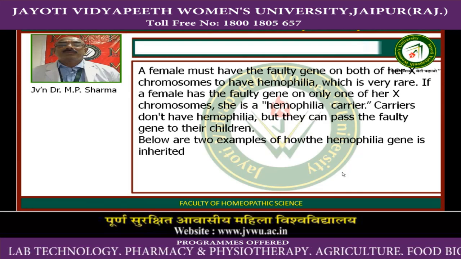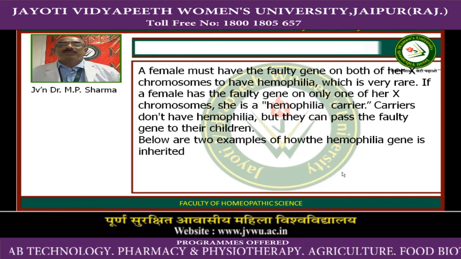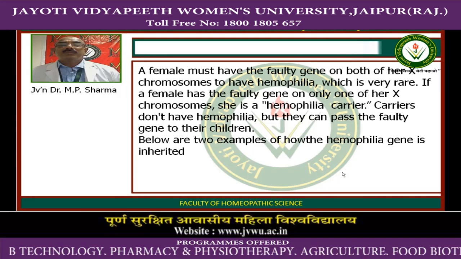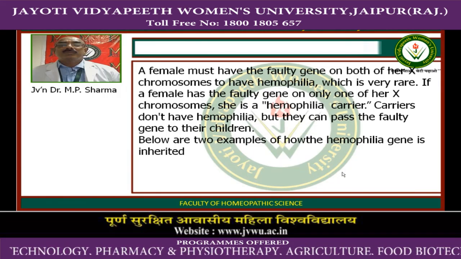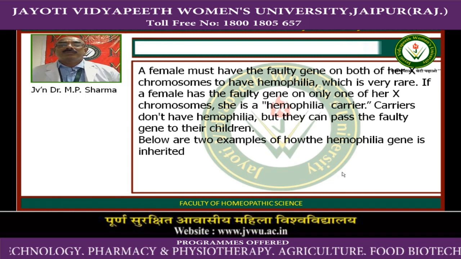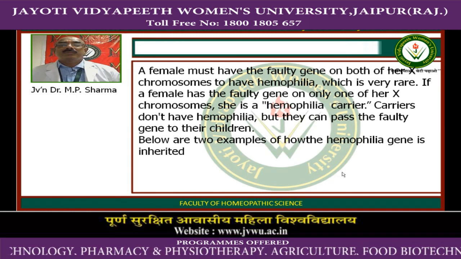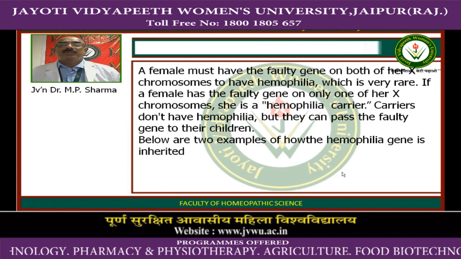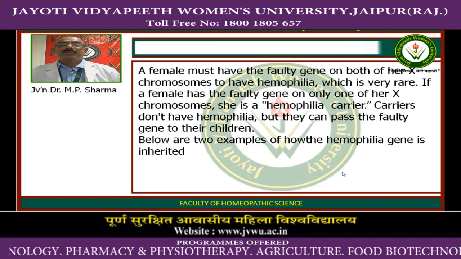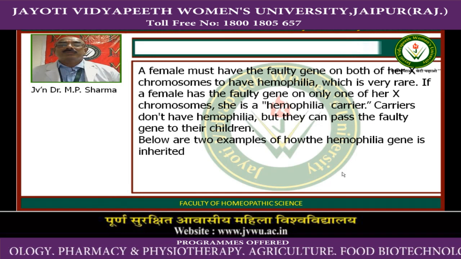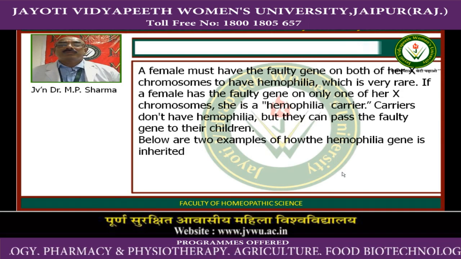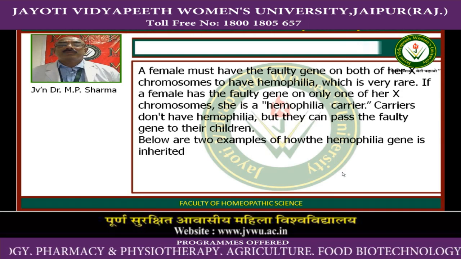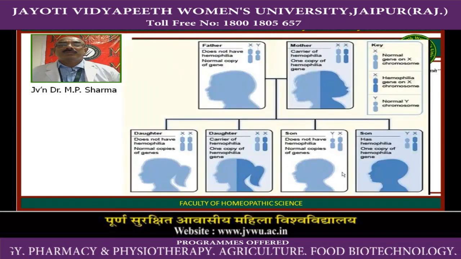If a female has a faulty gene on only one of her X chromosomes, she is a hemophilia carrier, and carriers do not have hemophilia, but they can pass the faulty gene to their children. Below are 2 examples of how the hemophilia gene is inherited.